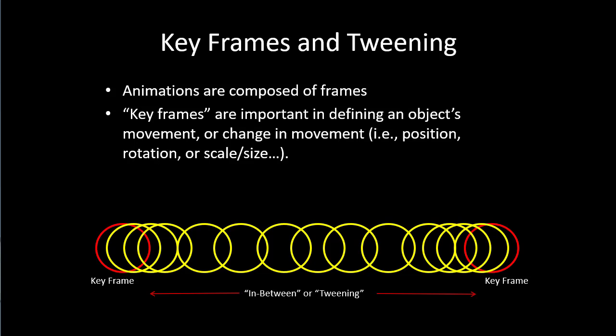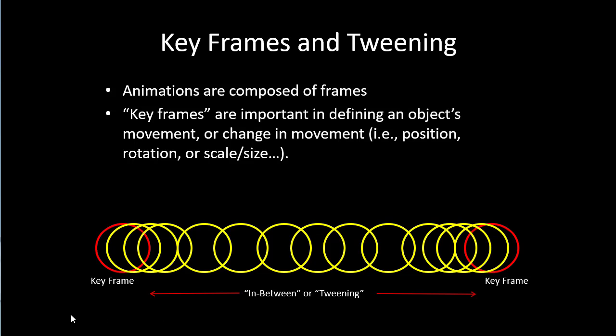But keyframes are important to defining an object's movement or change in movement, such as position, rotation, scale, etc. In fact, start to think of the term keyframe as meaning change or snapshot of an object over time, where there's some change in position or property of that object over time.